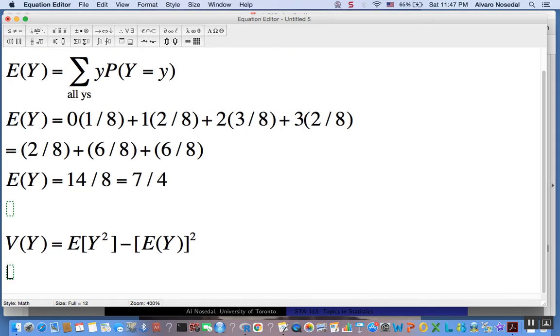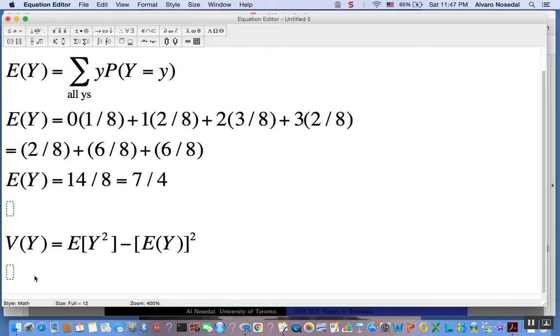That is an alternative way. This is not the definition. The definition of variance would be the expected value of y minus its mean, squared. But this is an alternative formula; it can be easily shown that the definition is equivalent to this formula. So let me use this alternative formula to find the variance.